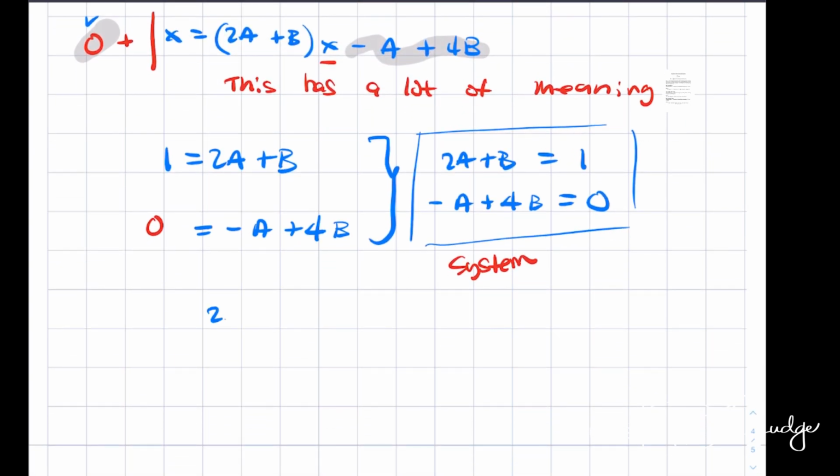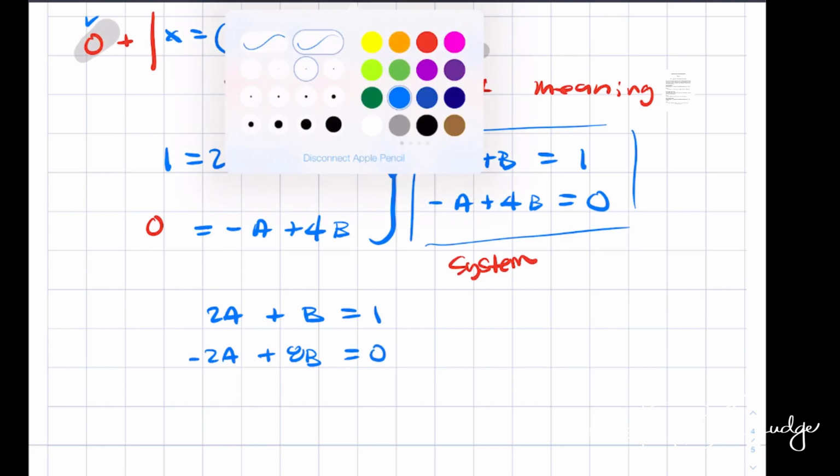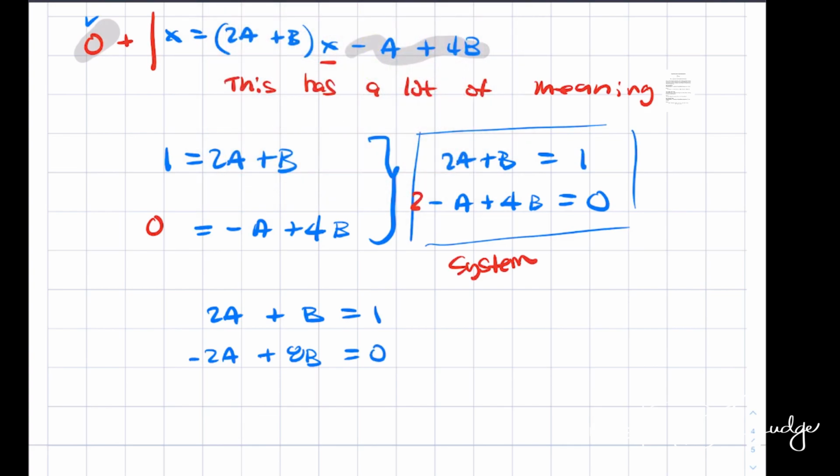So here we get 2a plus b is 1, and I'm going to multiply the second equation by 2. So I get negative 2a plus 8b equals 0. If you guys remember, by that method, I just multiplied this by 2.